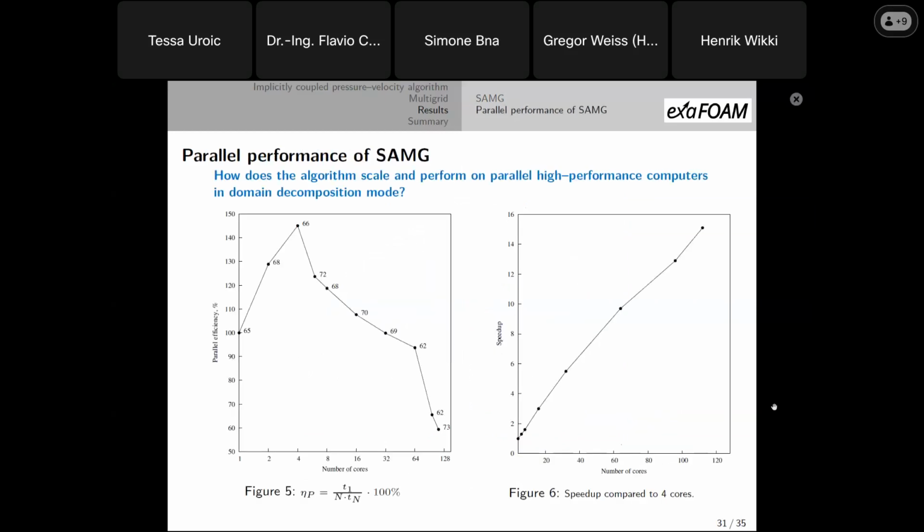And look at the parallel performance of SAMG. So how does the algorithm scale and perform? This was done on a case with 15 million cells, so it's quite a small case since we were running it on our faculty computer, so our group's cluster, where we had a limit of 112 cores. And on the right-hand side, you can see the speedup compared to 4 cores.